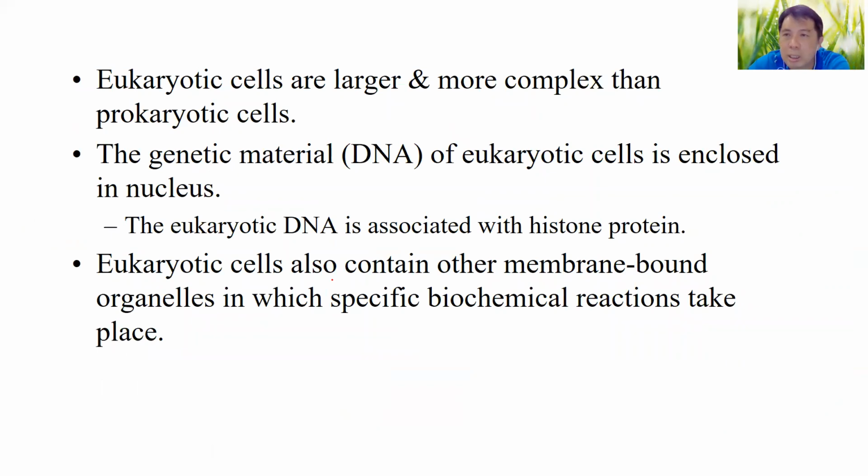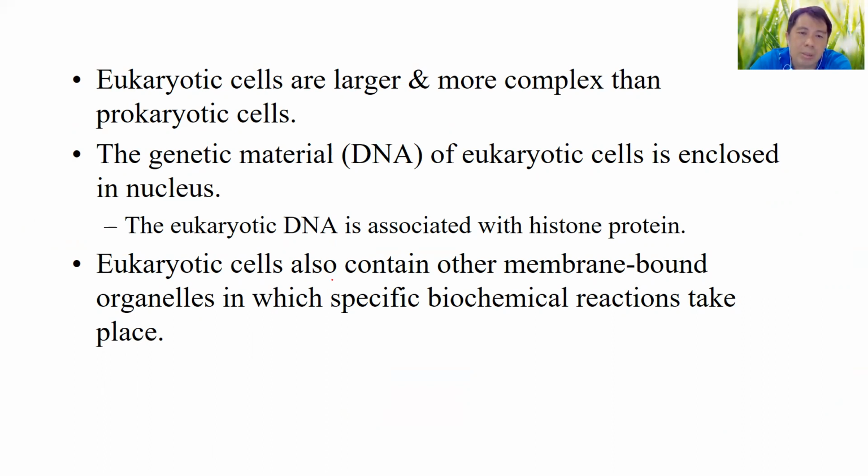This DNA coils with the histone protein, so it is not naked DNA. But in prokaryotic cells, the DNA is not associated with histone protein, and we call it naked DNA.